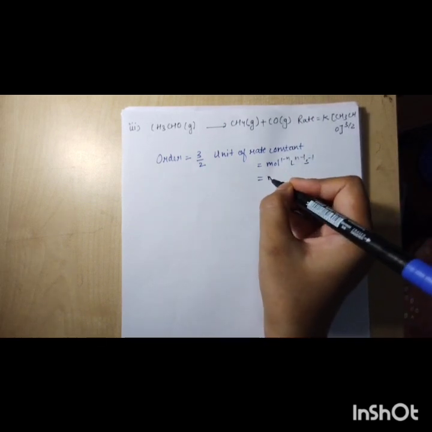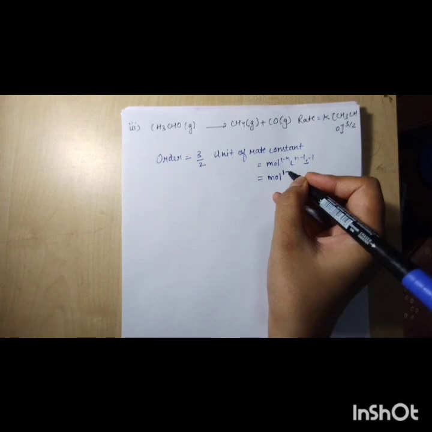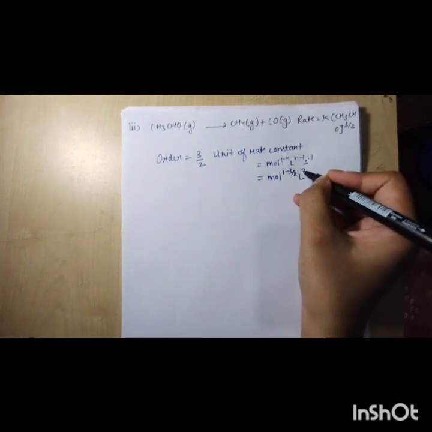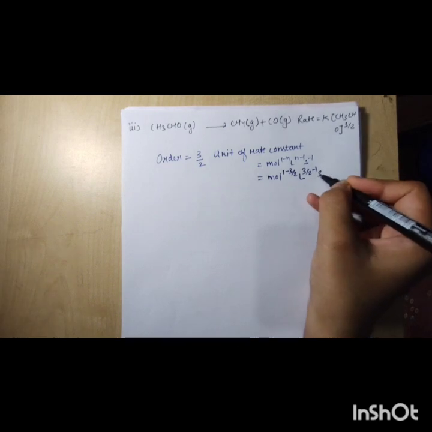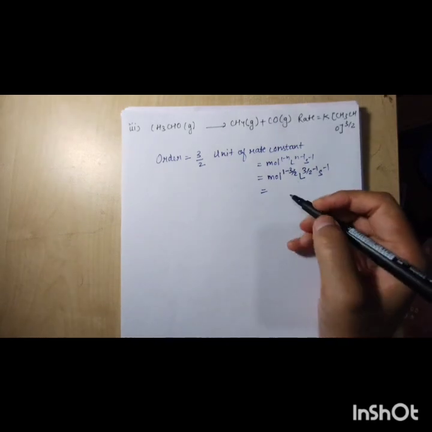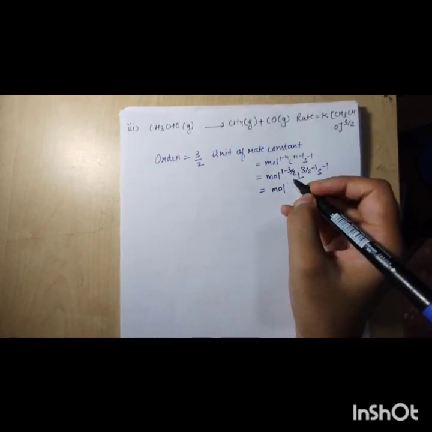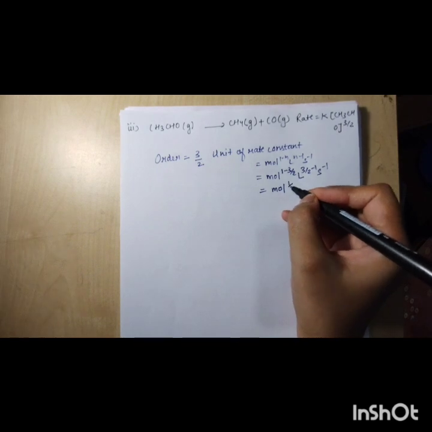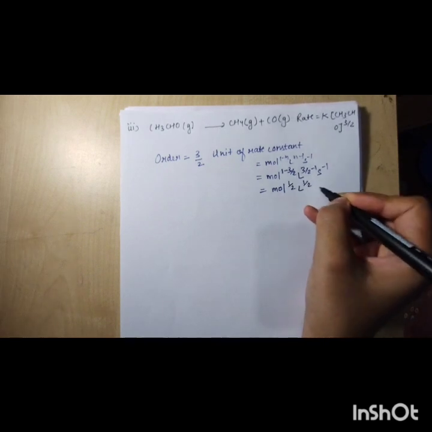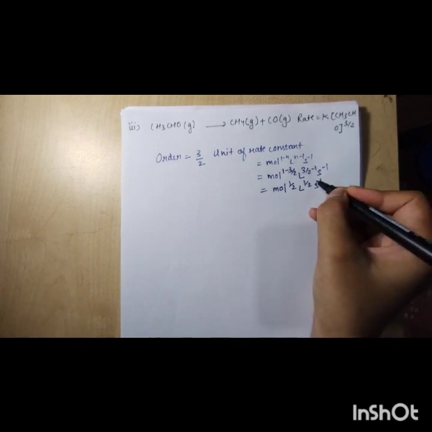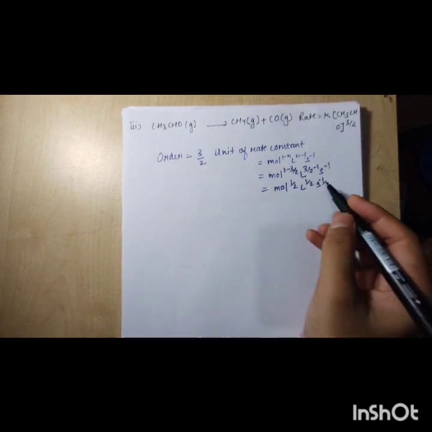So that will be mole^(1-3/2) liter^(3/2-1) per second. So after calculating this we get mole^(-1/2) liter^(1/2) per second. So this will be the answer.